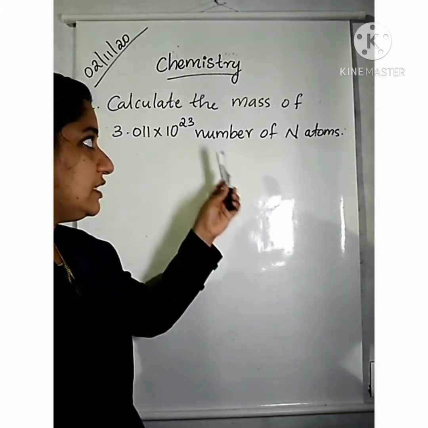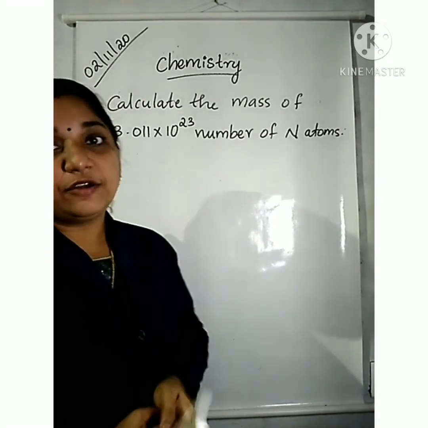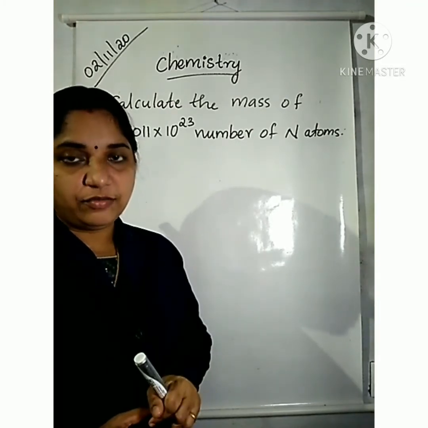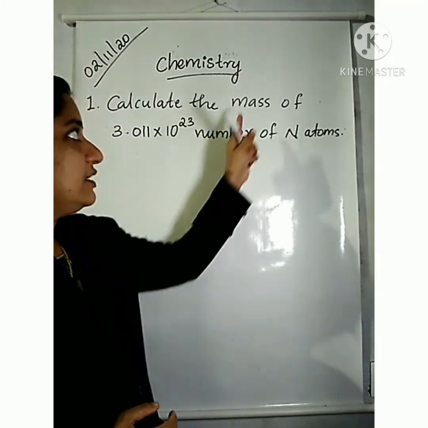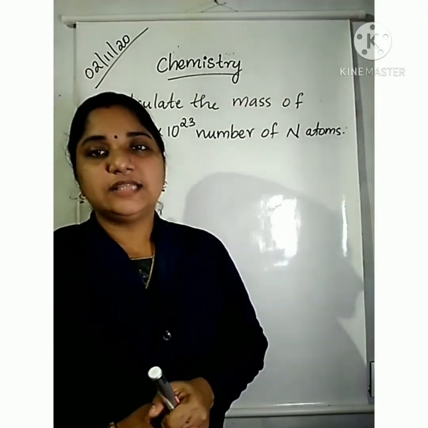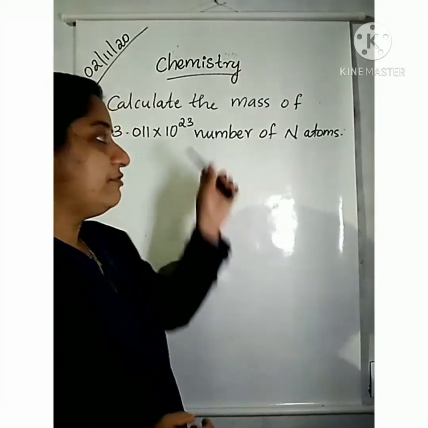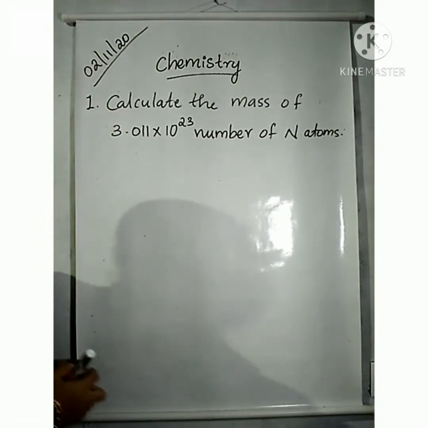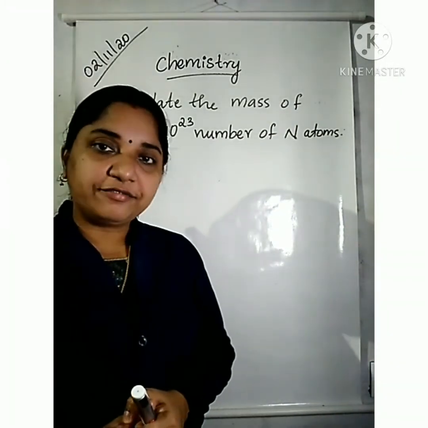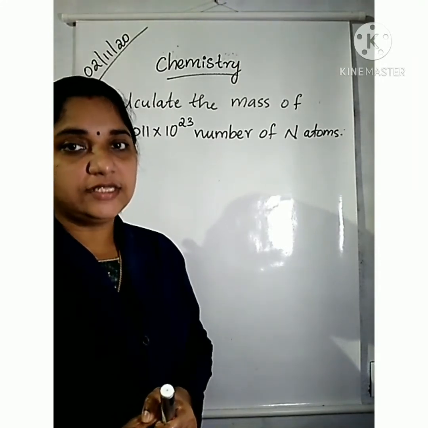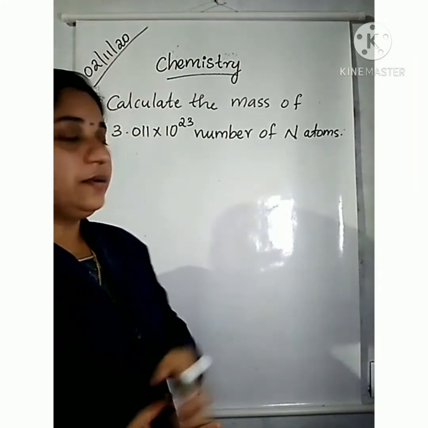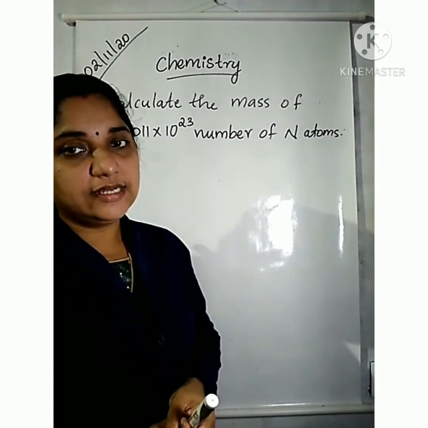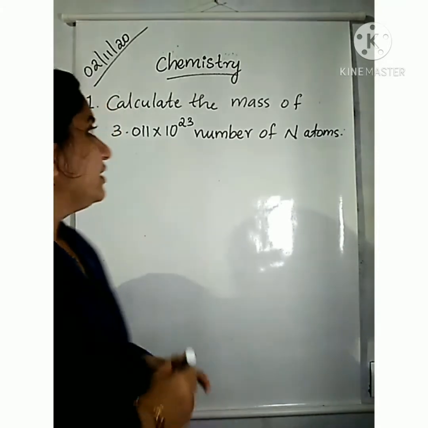So from that equation we will get the number of moles. Then using that number of moles and the molar mass, we can calculate the mass of these number of nitrogen atoms. So first step is to find out the number of moles. After that we will calculate the mass of these nitrogen atoms.